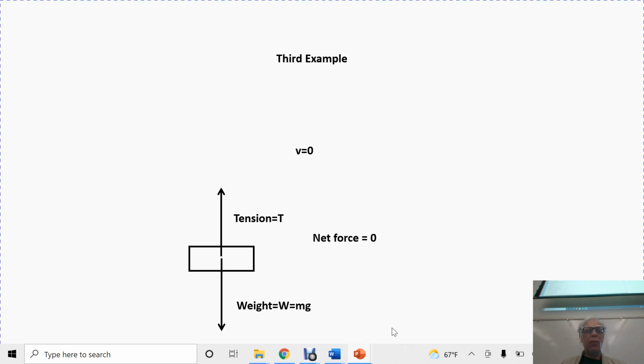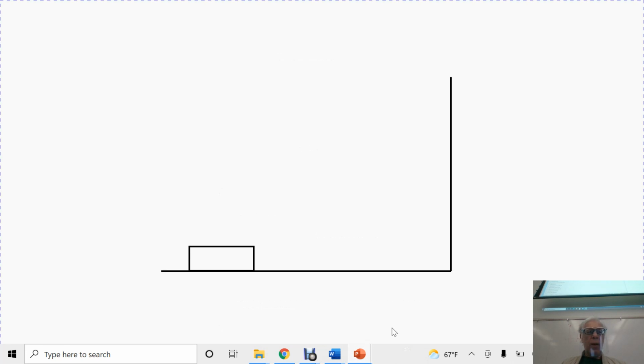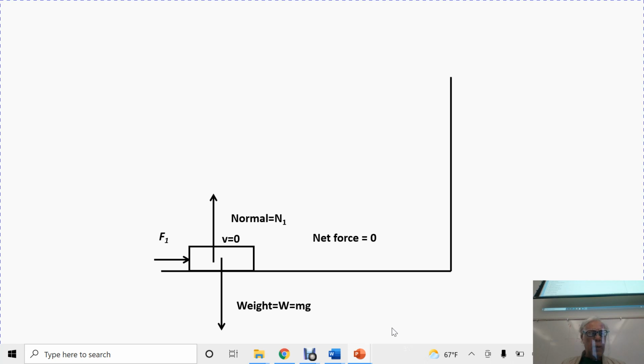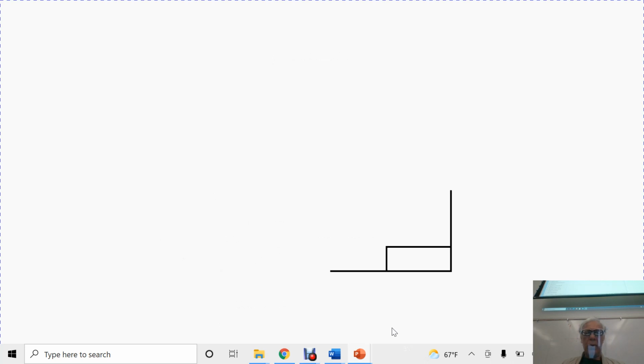Net force is equal to 0, the object is at rest. What about this one here? The object is at rest, net force is equal to 0, we have a weight, we have a normal, do we have anything else? Yeah, we have F2 that's countering F1. Another example here. What about this one? Net force equal to 0, weight, normal, tension.